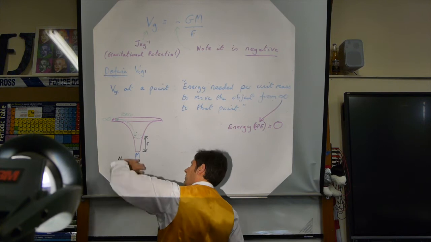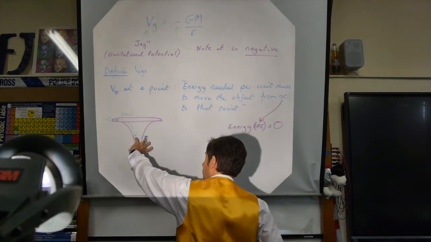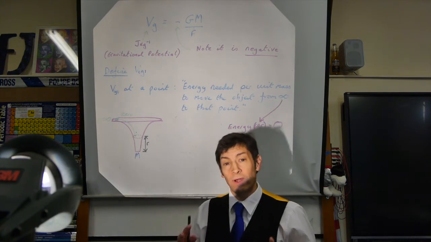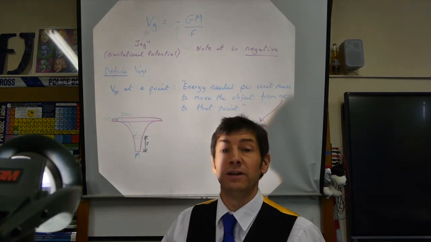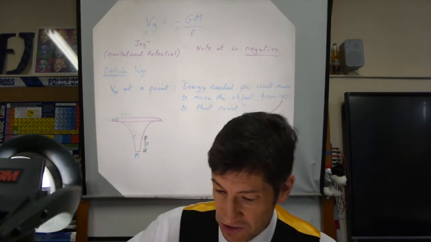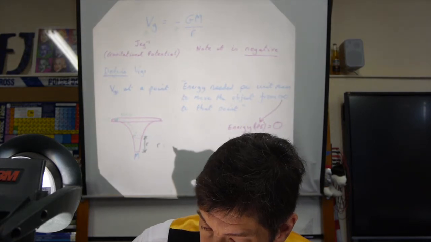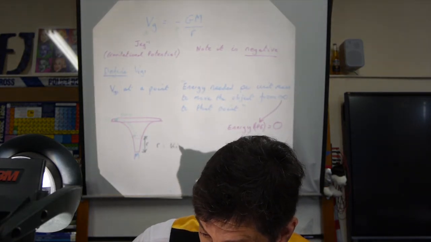And this shape can be drawn correctly and represent how the radial field changes, or more correctly, how the gravitational potential changes. Now, there's another way of thinking about this, that you could say that at this point R, the object has kinetic energy.